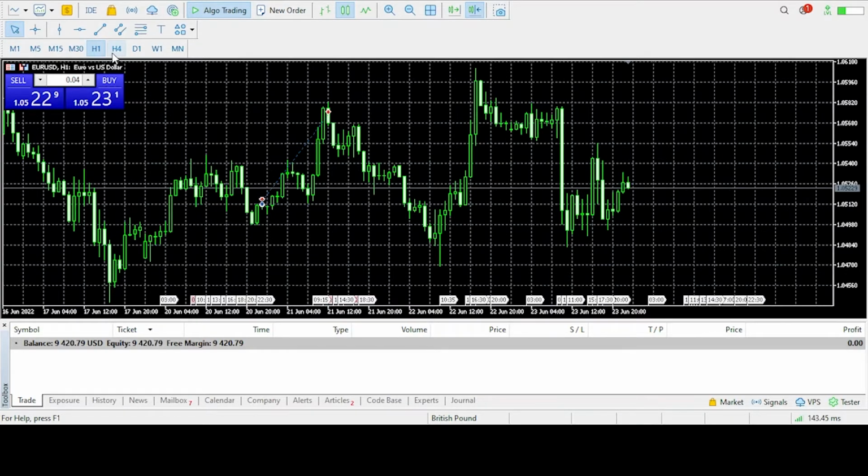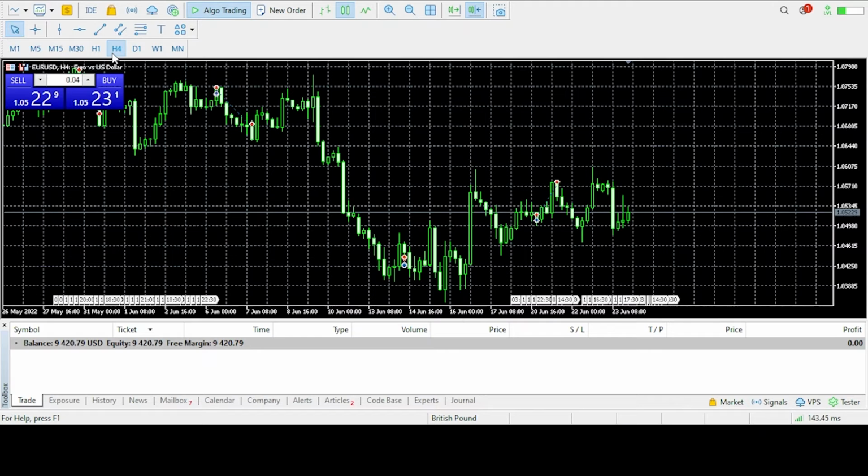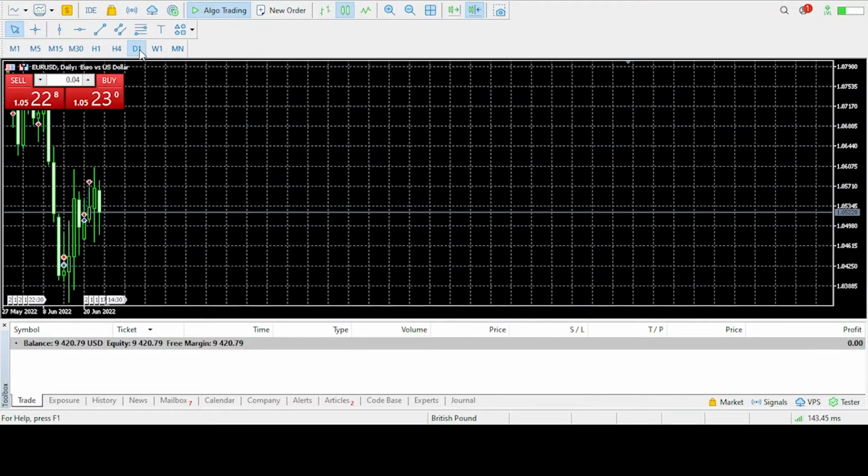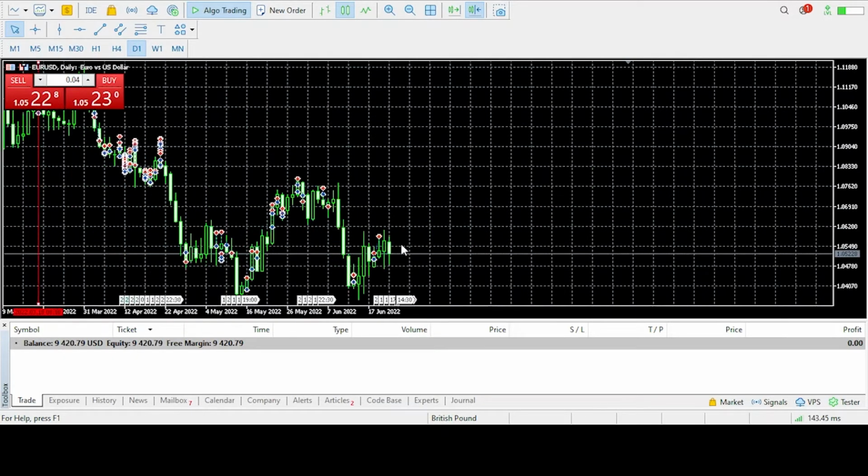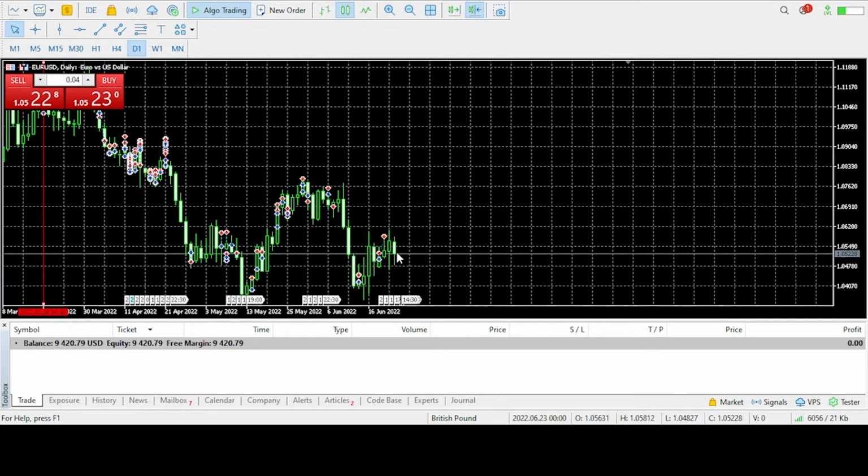If you go to the 4 hours candle, you see that the price here seems to be rising. Let's see what's there on the daily chart. It is a bearish formation at the moment.